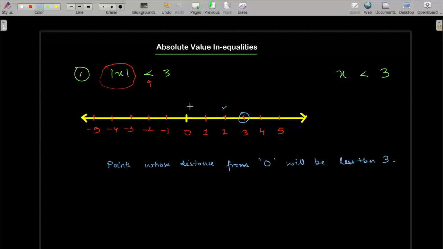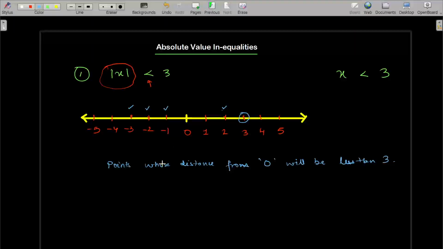The distance of -1 to 0 is 1, and that is also less than 3. So this also works. Then the distance of -2 from 0 will also be less than 3. And then -3, 0 and 3.